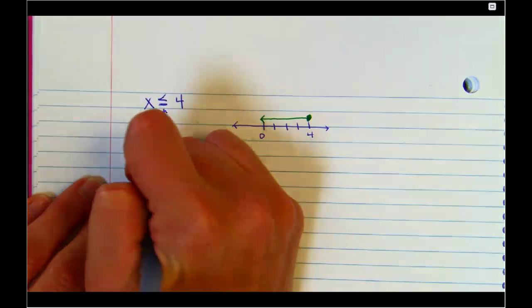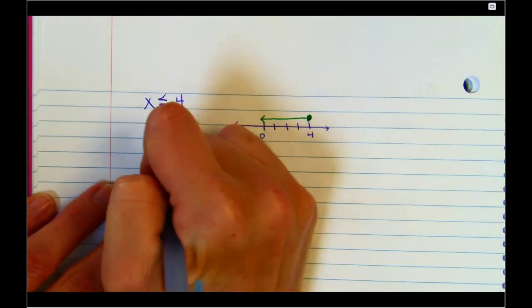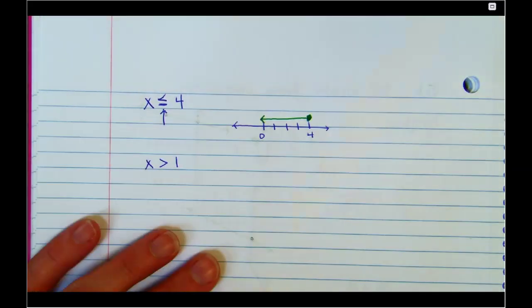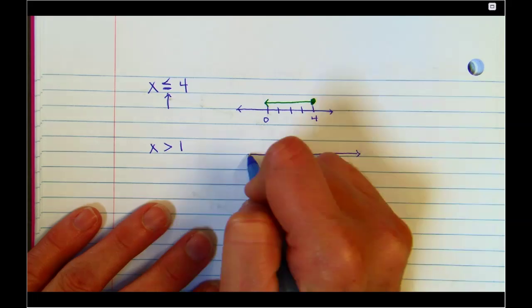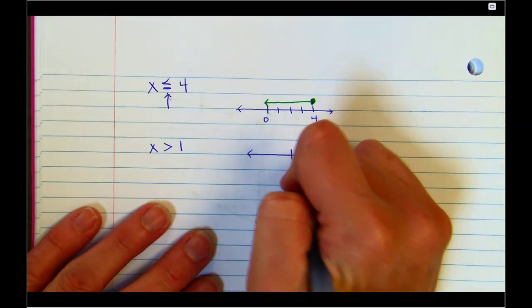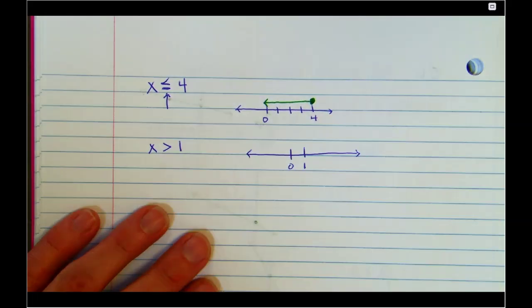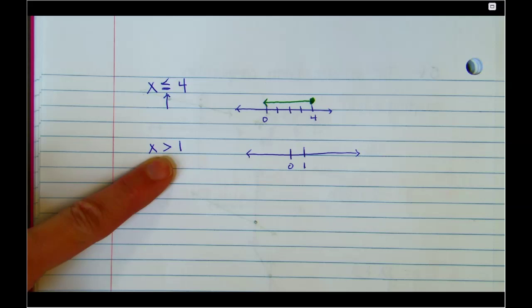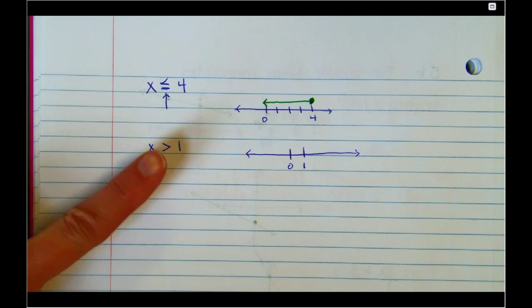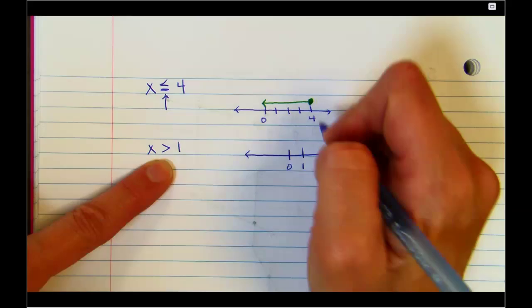So let's say I ask you to graph x is greater than 1. We're going to graph that on a number line. There's 0, here's 1. So first question is, is this open or is it closed? Please answer that out loud. This is open because it's not equal to.